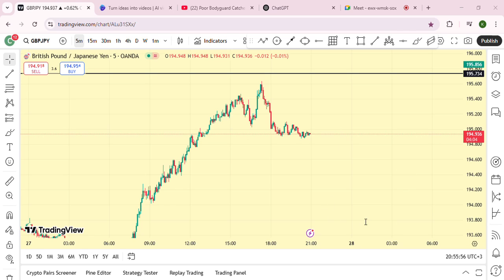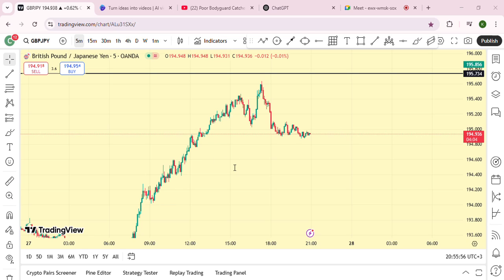And then the last one is what we call a micro lot. Micro lot is the least lot size, and also this is the most advisable lot size for you beginners to use. It's 0.01 to 0.09.